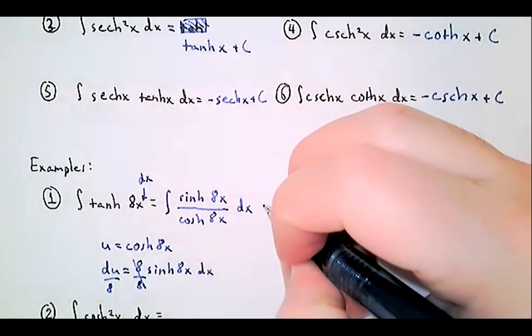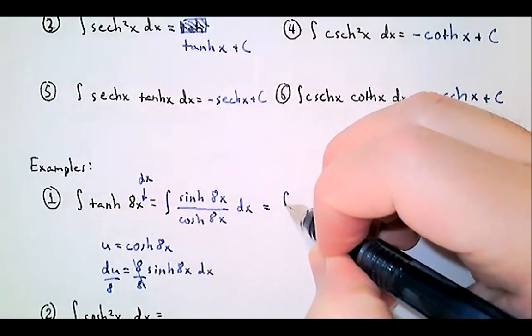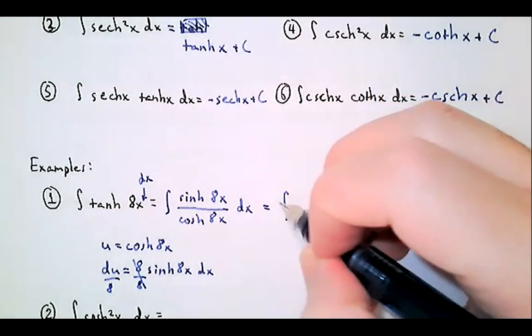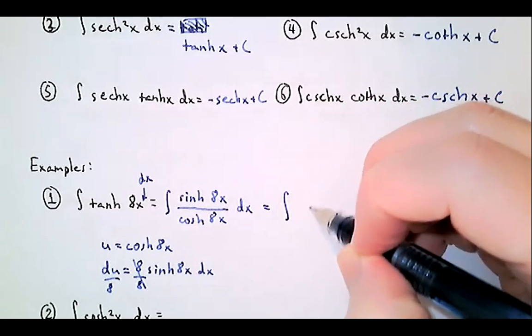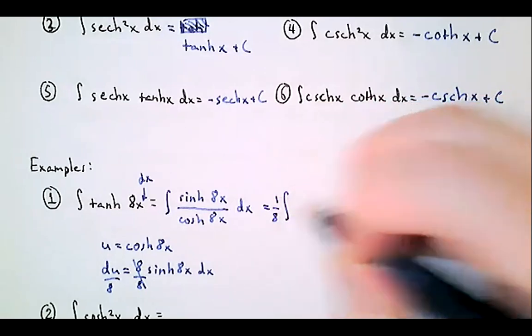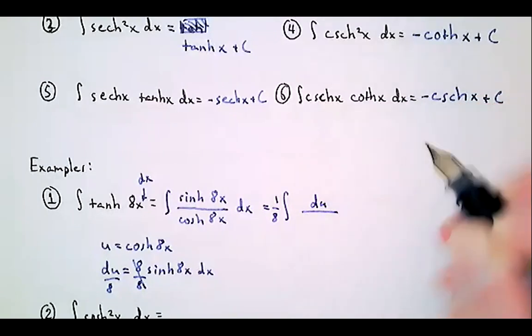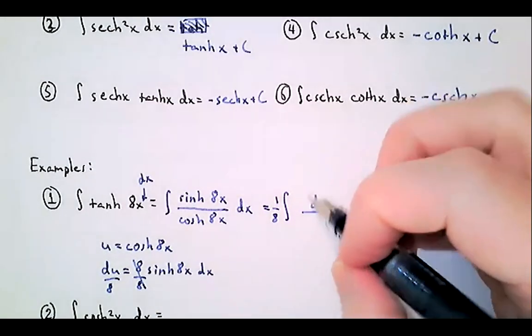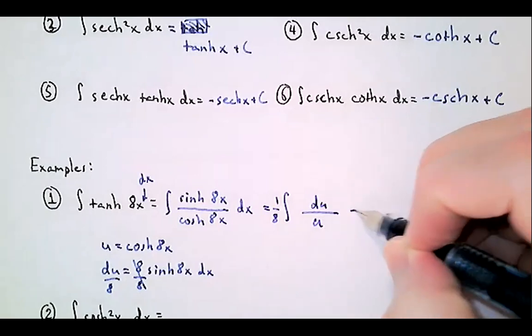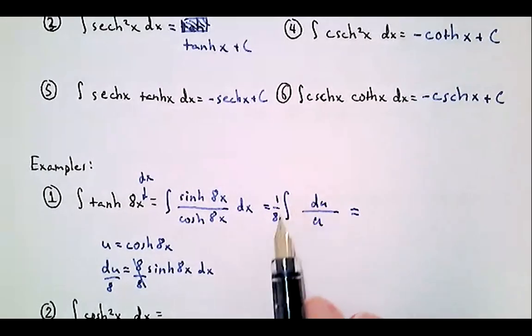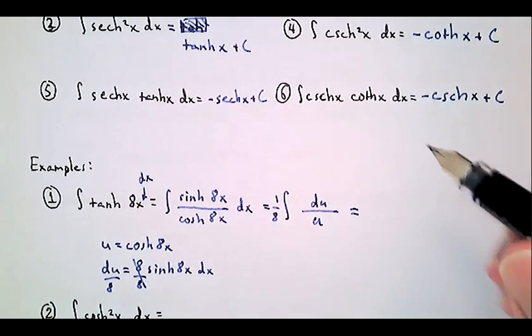So with our u substitution, we're now looking at, well, we can either write the 1 over 8 on the inside or in front, and then we have a du over u. What is this integral of du over u?